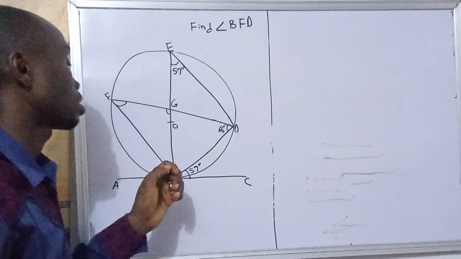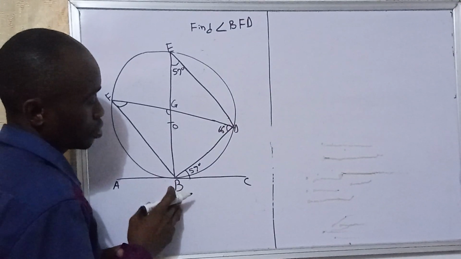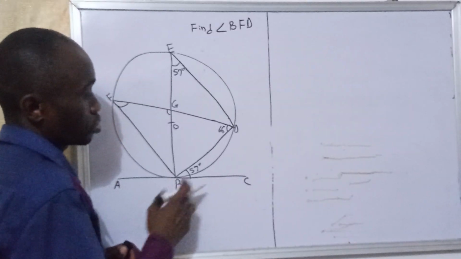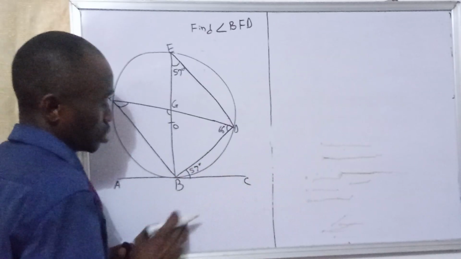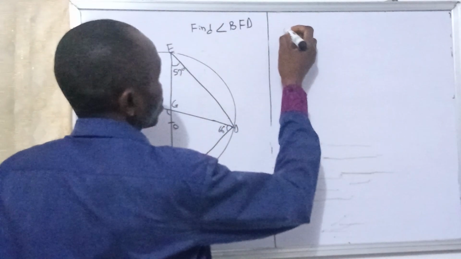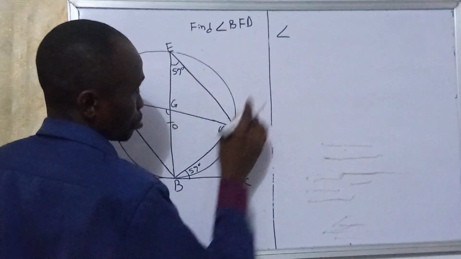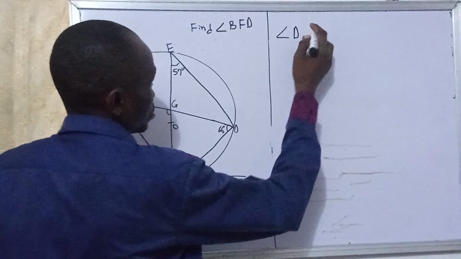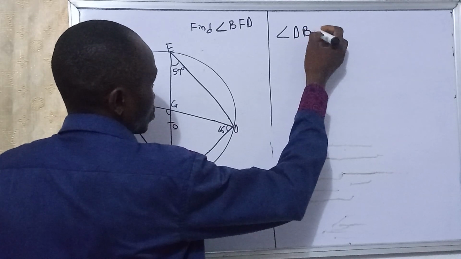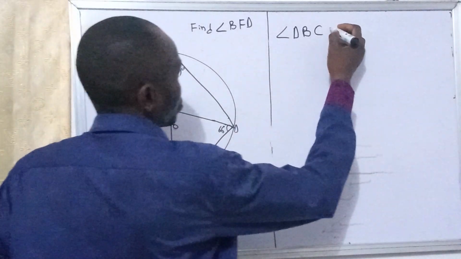So what that means is this. The reference angle is B, right? That is the angle between the chord and the tangent, which is AC. So the reference one is B, but the boundaries are D and C. So we have boundary D, reference angle B, then C, angle equals what?